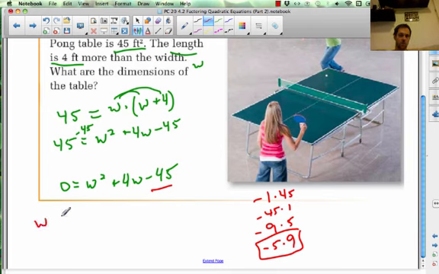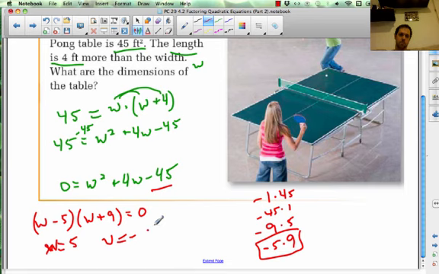So we go W minus 5 times W plus 9 equals 0. W equals 5. That was weird. W equals minus 9. Of course, the width cannot be negative 9 feet. It's impossible to have a negative width. So this is our answer.